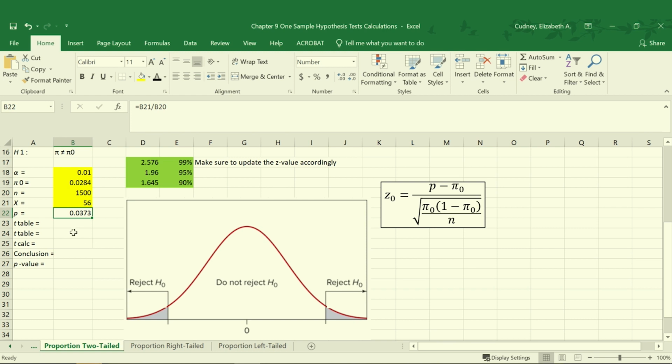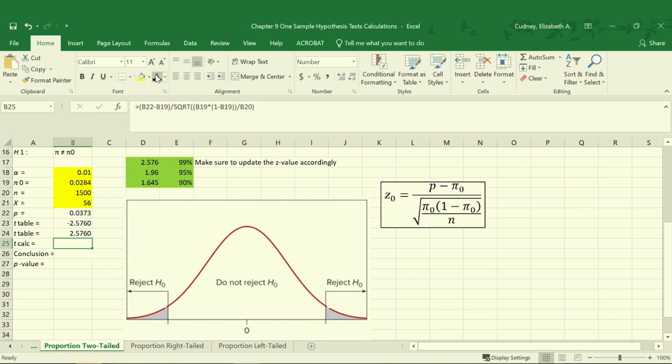We're doing a two-tailed test, so we'll have two t-values. Since we're looking at 99%, or 0.01, we'll have negative 2.576 and positive 2.576.